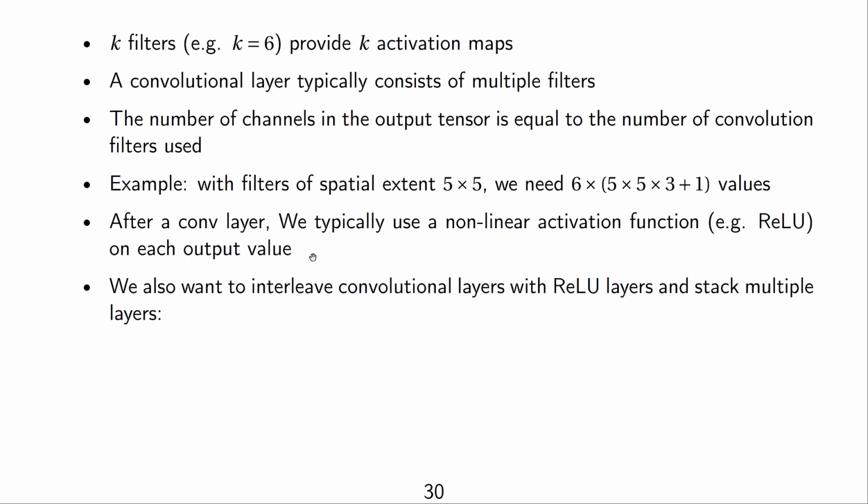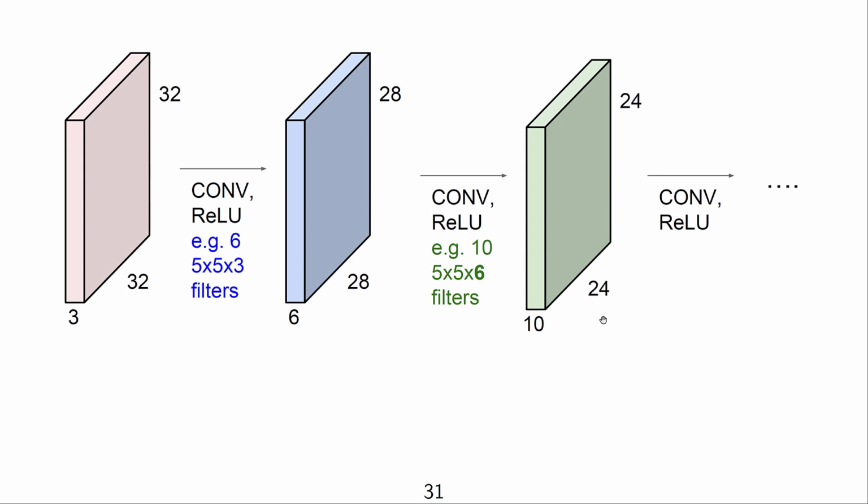Inserting a nonlinear function between two convolutional layers creates something different than a convolution as a final result, something that's a lot more powerful, a lot more flexible, with a lot more expressiveness. So we want to interleave convolutional layers with nonlinear layers, such as the ReLU, and stack them on top of each other.